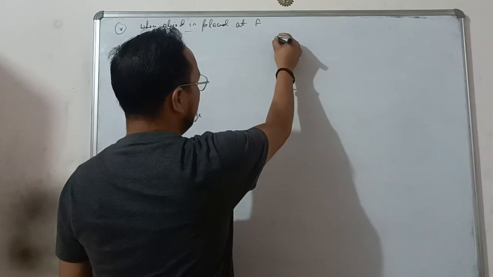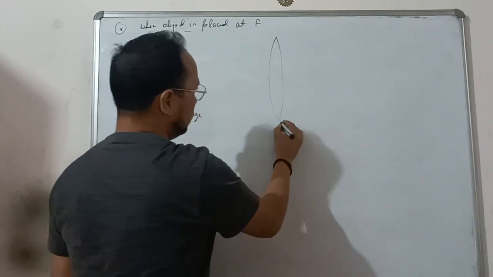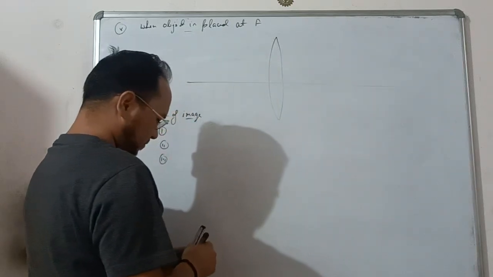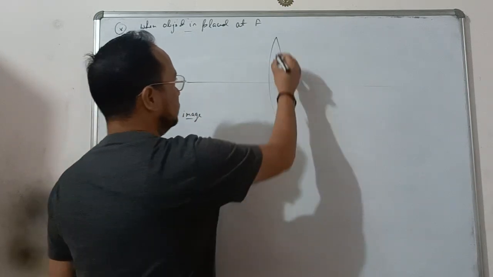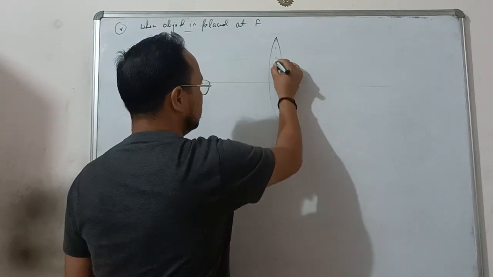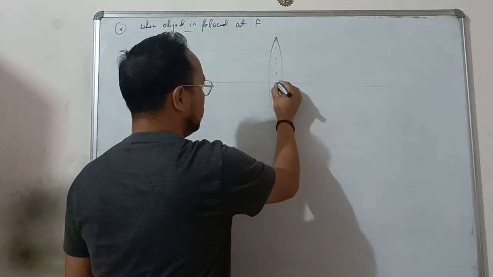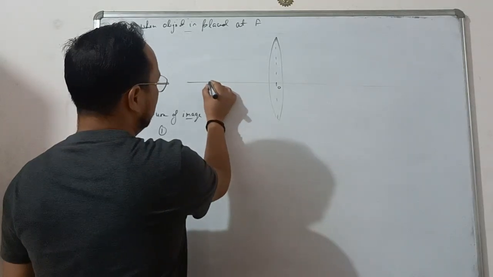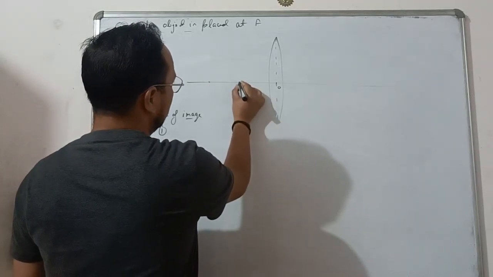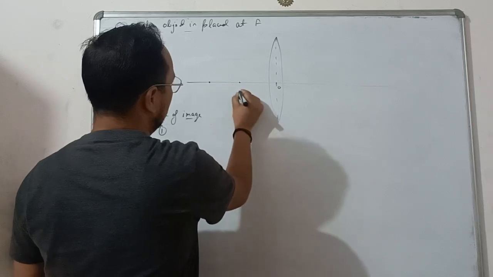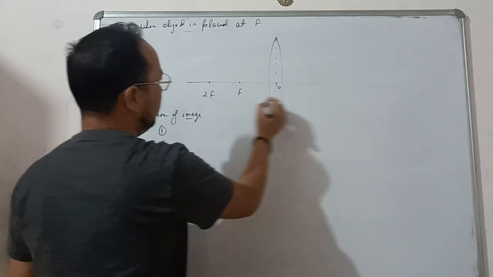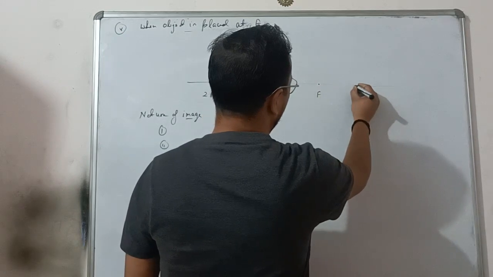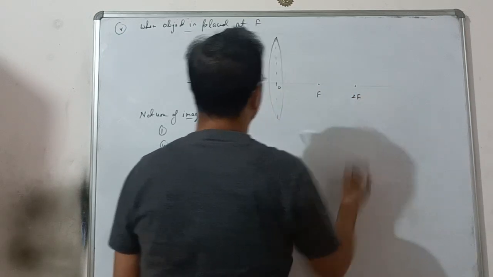So this is the convex lens, principal axis, this is optical center, it's f, 2f, f, 2f.